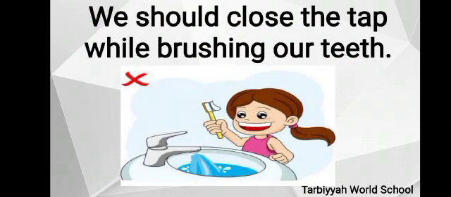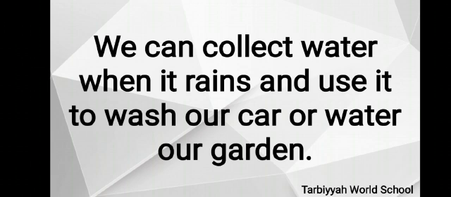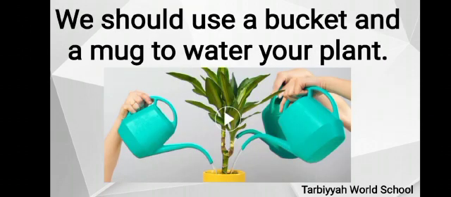We should close the tap while brushing our teeth. We can collect water when it rains and use it to wash our car or water our garden. We should use a bucket and a mug to water our plants.